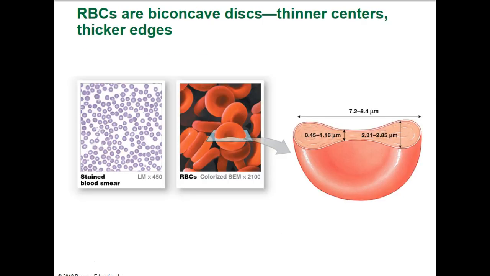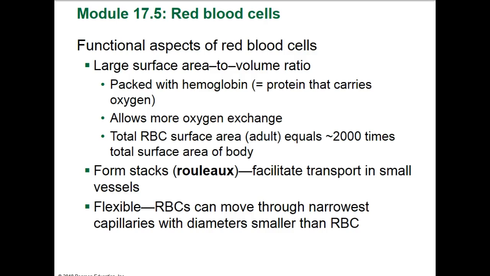And there's what your general shape looks like. It is biconcave. Again, no nucleus. When we look at stained blood smears, that's about all we see, as in this diagram. They have a large surface area to volume ratio, and they're packed with hemoglobin, which is a protein that carries the oxygen.